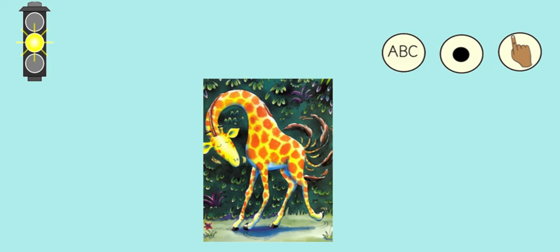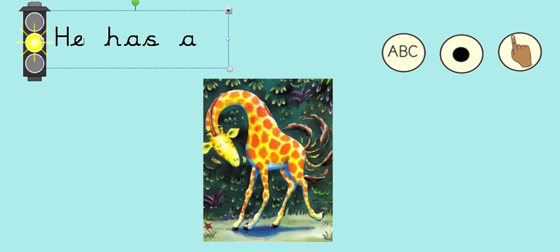So I know that he is a year 1 tricky word, isn't it, children? I'm going to write it down, capital letter at the beginning of my sentence. Here we go, Miss Lyons. He, finger space, has a long.